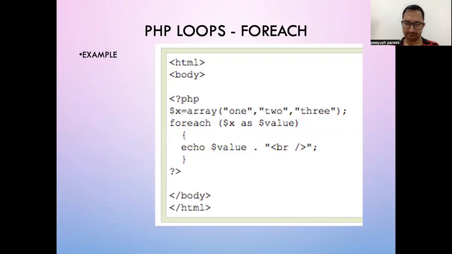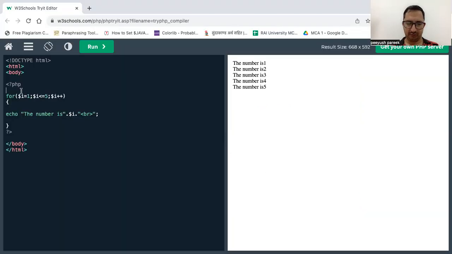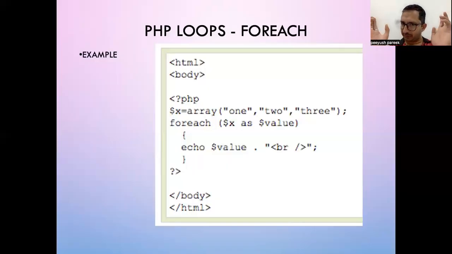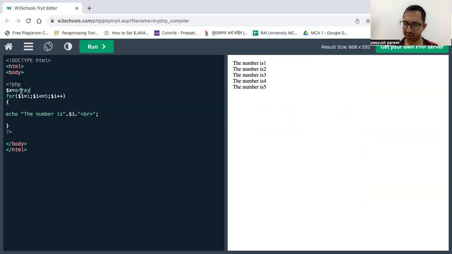$x equals array. Okay, we will do this. $x equals array, and we will initialize the values in brackets, with double quotes: "1", comma, "2", comma, "3", semicolon.